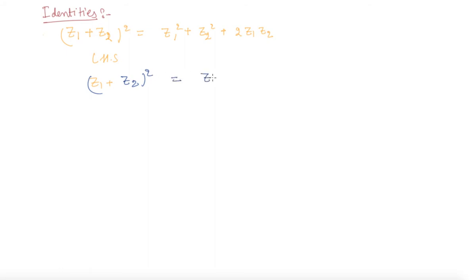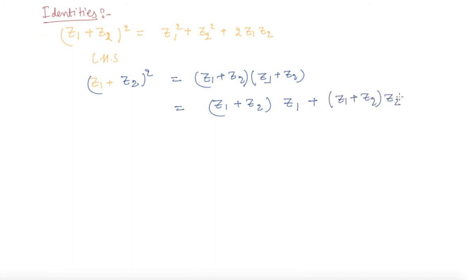So can I write it as z1 plus z2 two times? Now use the distributive property, meaning if it is multiplying with both of these, so I can write this as z1 plus z2 by using the distributive law.